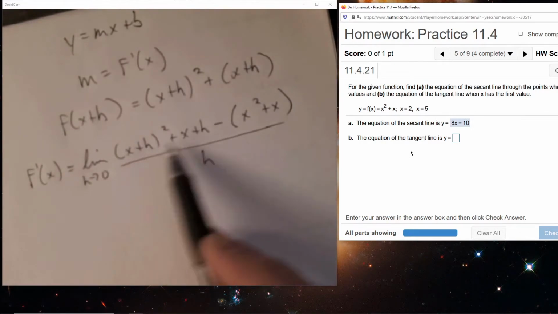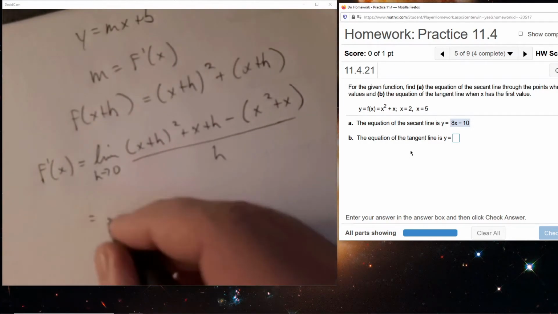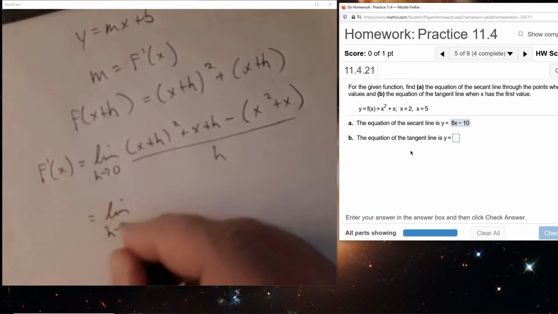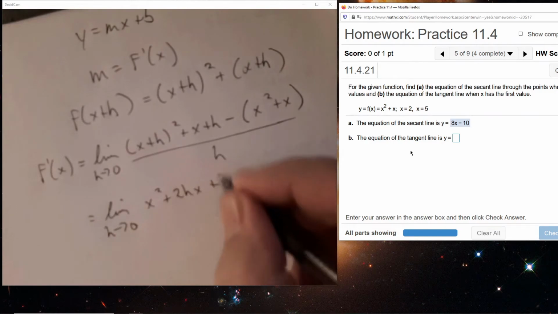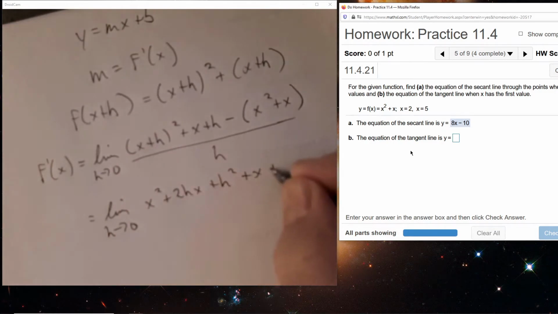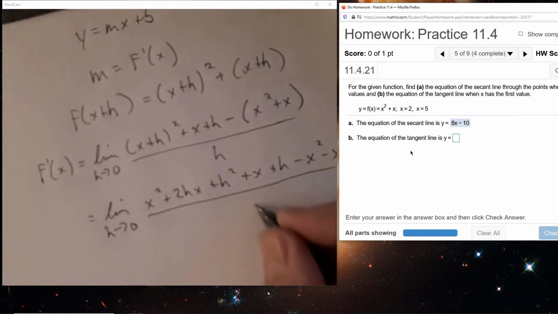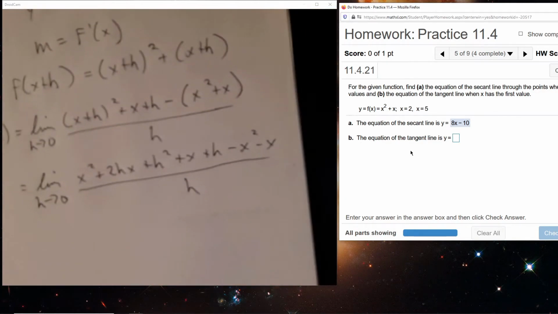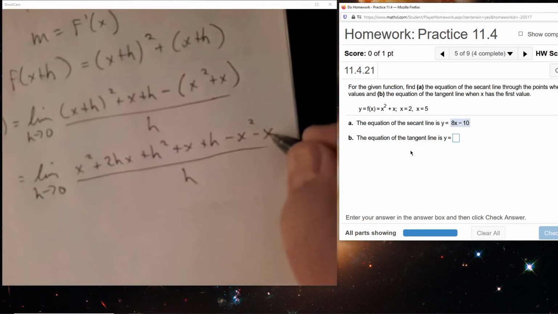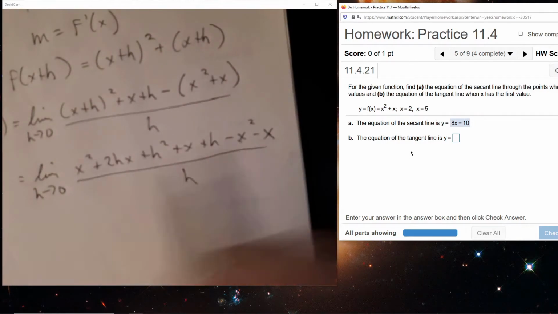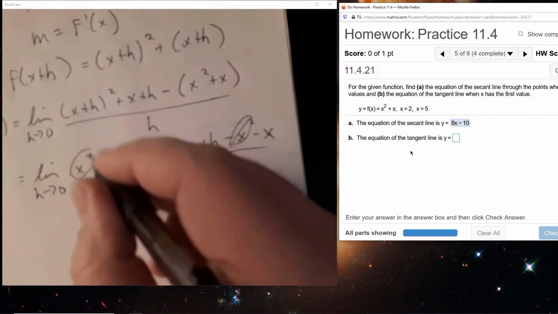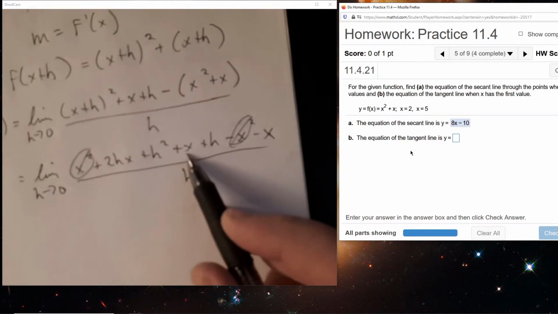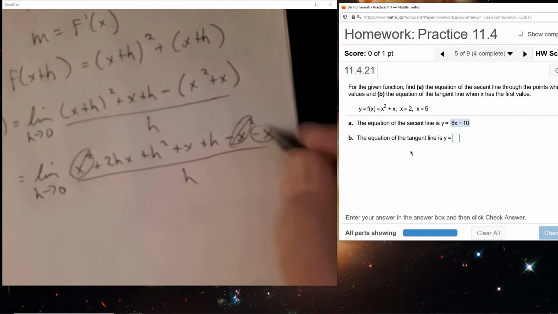So we'll distribute everything in the numerator and try to clean that up. Let's see what we got. So we have a minus x squared and a positive x squared. Gone. And we have a plus x and a minus x. Gone.